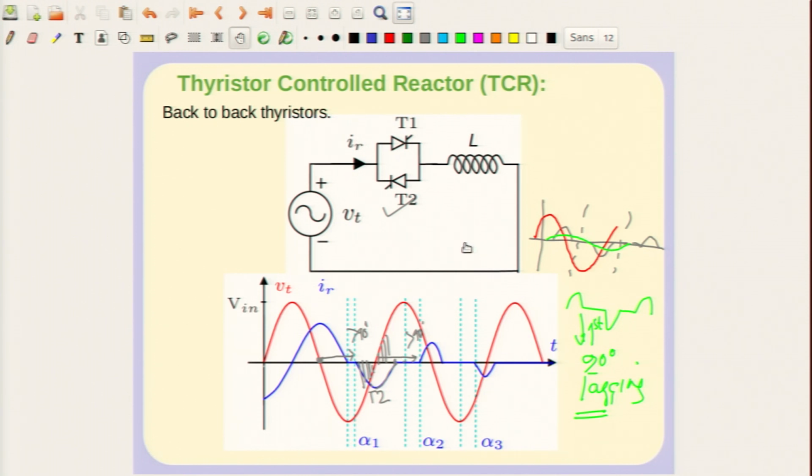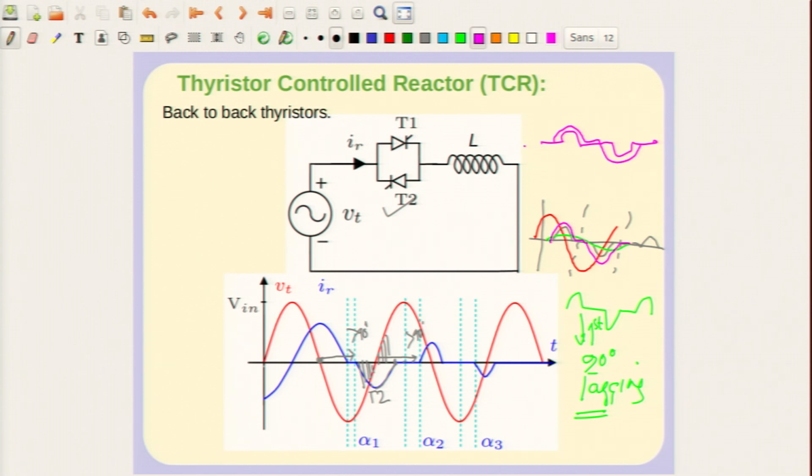but it is a variable inductor, because if I change the firing angle, let us say now I change the firing angle and I advance the firing angle a bit. Now, the fundamental component will change.